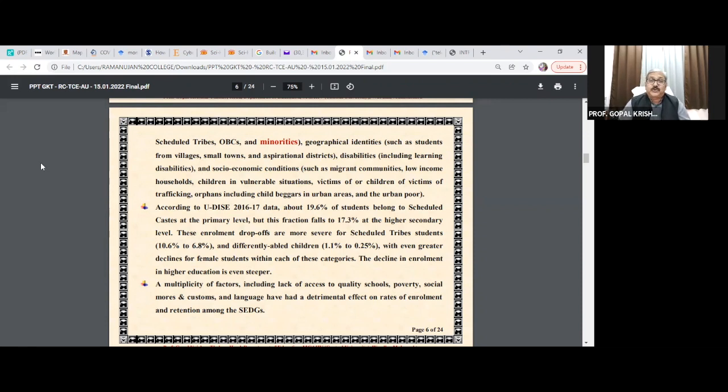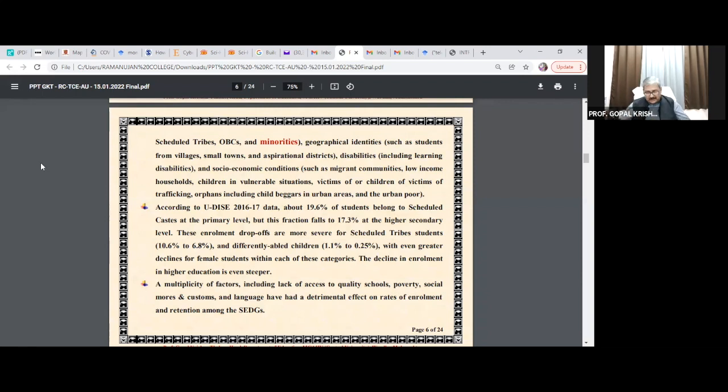Even when children go to school, their parents are not sure whether their children would come back home safely or not. So children living in such vulnerable situations, or victims of, or children of victims of trafficking, orphans, child beggars in urban areas, and urban poor.